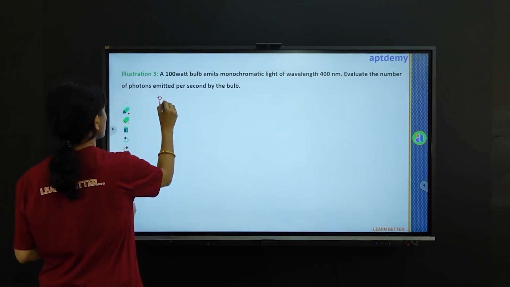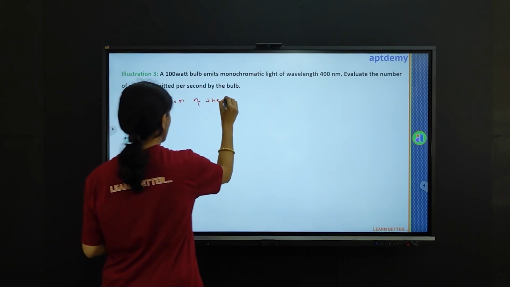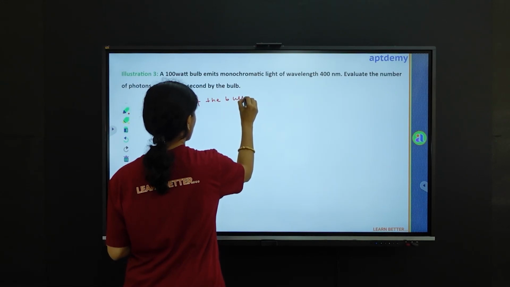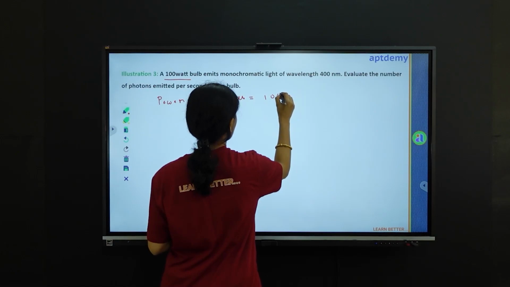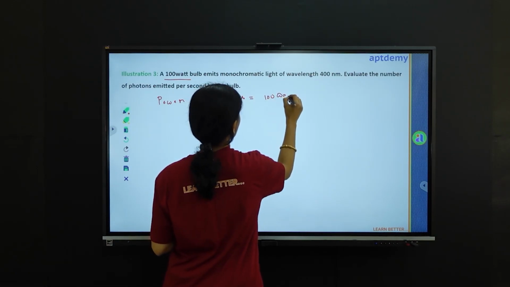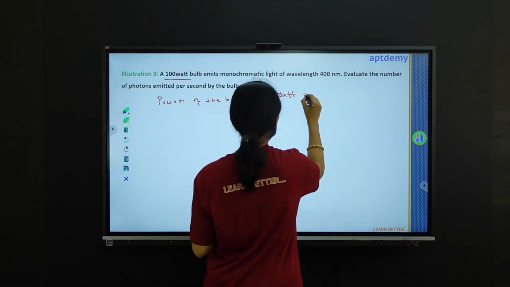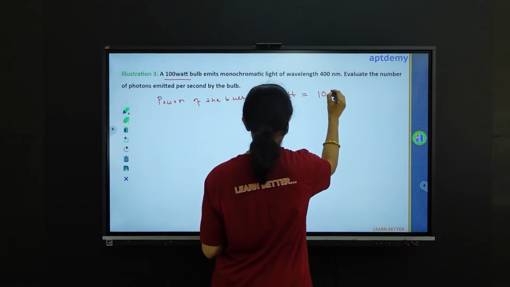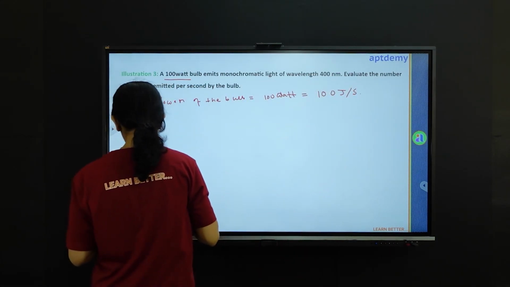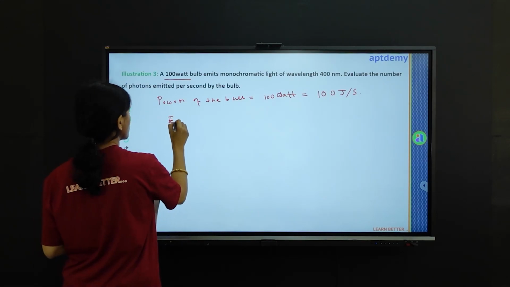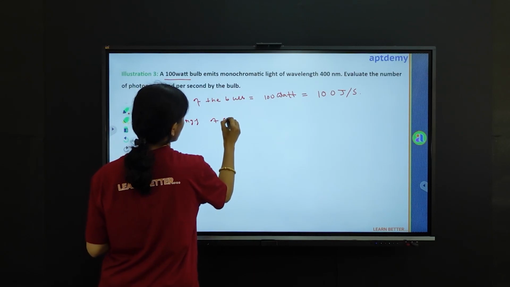So the power of the bulb is given as 100 watt, which can also be written in terms of joule per second, that is 100 joule per second. Now we have to calculate the energy of one photon.